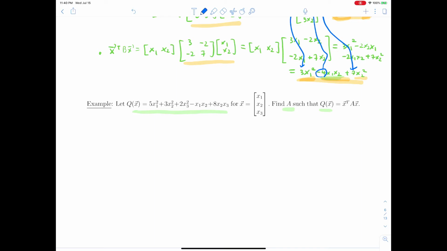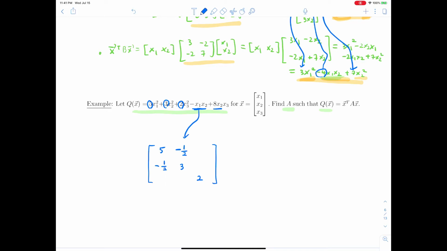Basically we can build A as follows. The diagonal entries should correspond to the coefficients for x1 squared, x2 squared, and x3 squared. So you put 5, 3, and 2 over here. For the cross product terms, x1 x2, we separate this into two parts by dividing the coefficient by 2, to put in the 1,2 entry and the 2,1 entry.